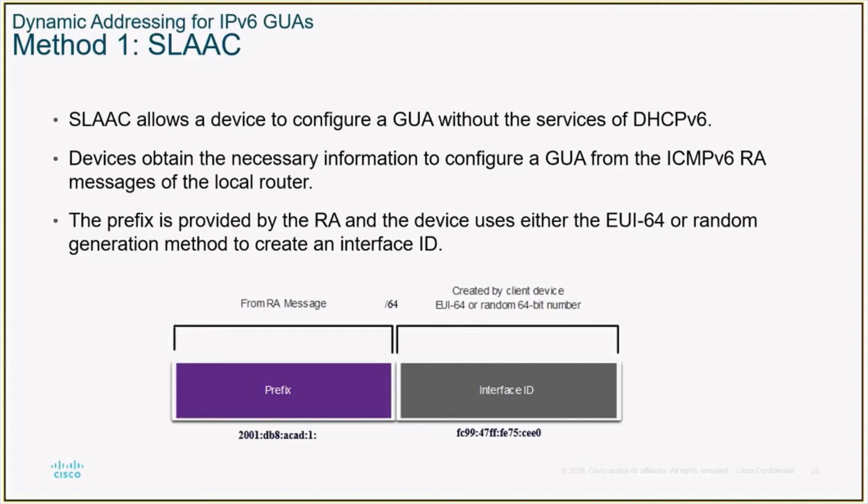EUI64 is what was most common when IPv6 first came out, and I think Cisco still uses it. If you've got Windows XP running IPv6, it still used EUI64, but newer versions of Windows actually do a random number generation process.